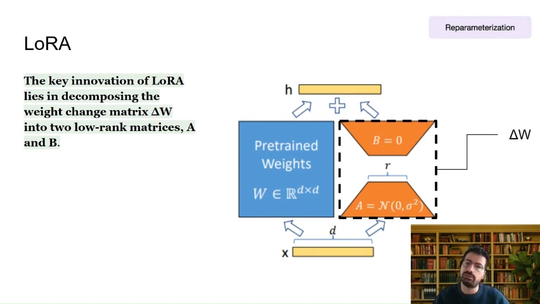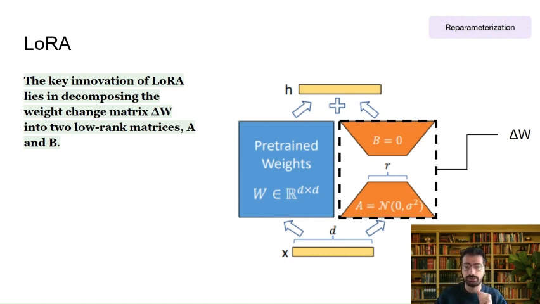Which means that once you've trained your model to do a specific task and you have trained A and B parameters, if you want to revert back to the initial state, matrix W is always there. So you can just cancel A and B, go back to W, and you get the same result that the initial pre-trained large language model was giving.